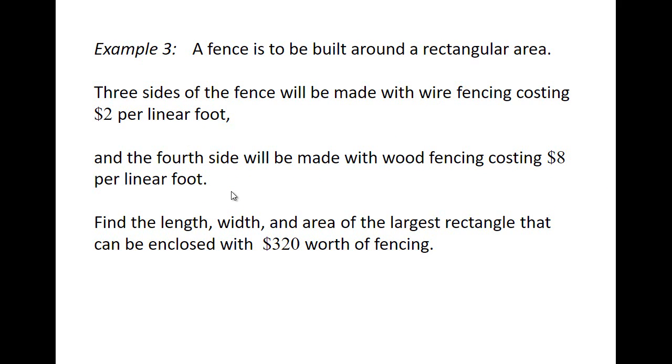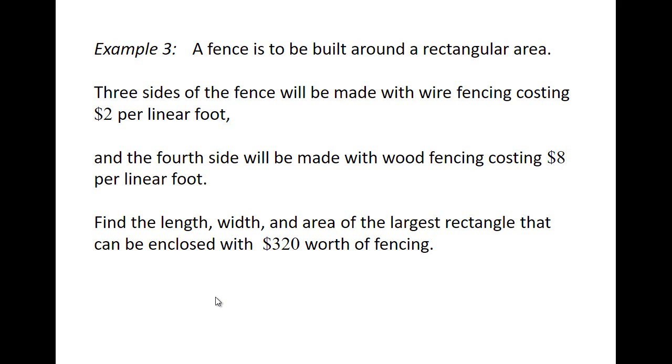The question is, what is the largest possible area that can be enclosed by the fencing? Okay, so again, at this point, you should be reading this statement a couple of times and make sure that it makes sense.